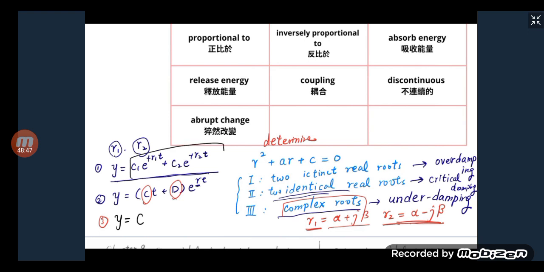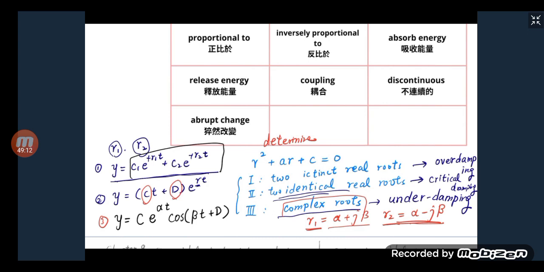Of course, you can still follow this one, but we can further organize it as C exponential alpha t cosine beta t plus d.